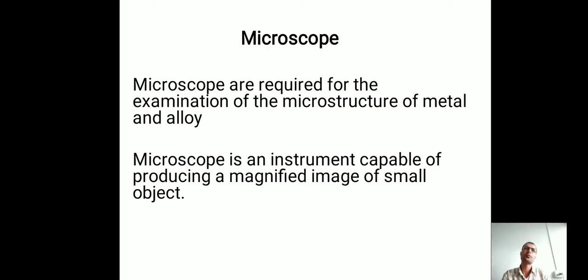Then the microscope. What is a microscope? We have already discussed that if we have to check the microstructure, we have to use our microscope. Simply, the microstructure of a prepared sample of a material we can check under the microscope. So simply you can say that the microscope is an instrument which gives a magnified image of a small object.